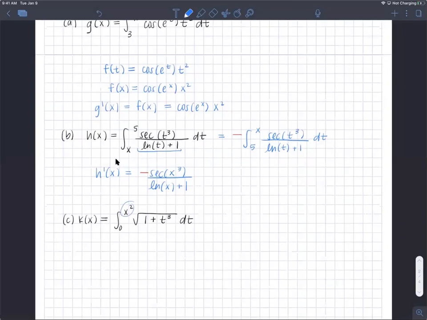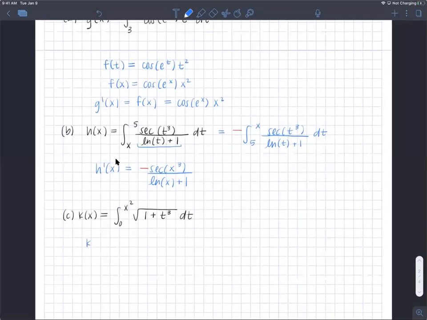All that really changes is wherever you would have just had an x before, you're now going to put an x squared. So the derivative of k is equal to the square root of 1 plus, normally I'd put an x right here instead of a t, but I'm just going to put an x squared this time because that's what I care about. Are there any questions about that? So this becomes the square root of 1 plus x to the 6th.